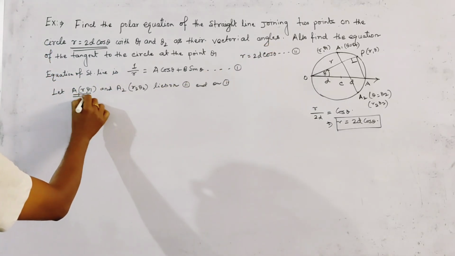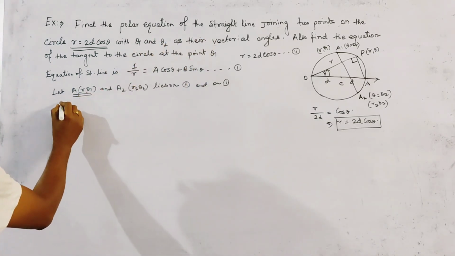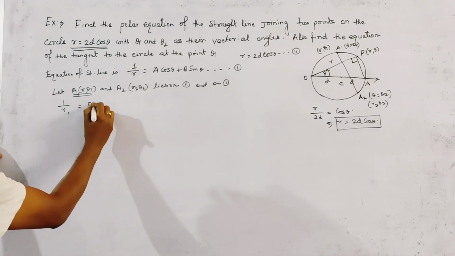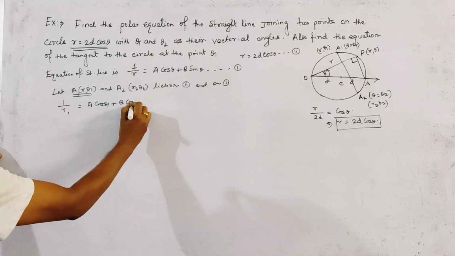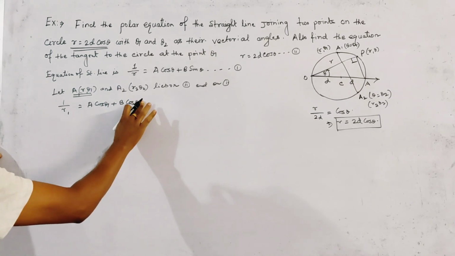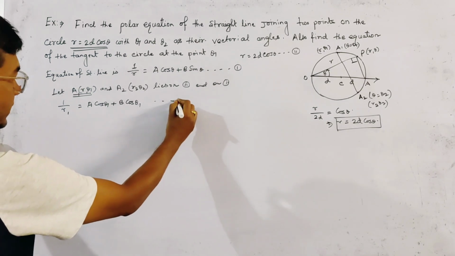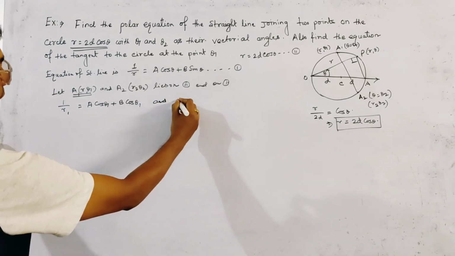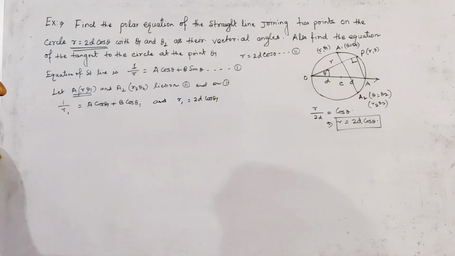So these points satisfy 1 and 2 together. From 1 we get 1 by r1 = A cos theta 1 + B sin theta 1, and from 2 we get r1 = 2d cos theta 1.